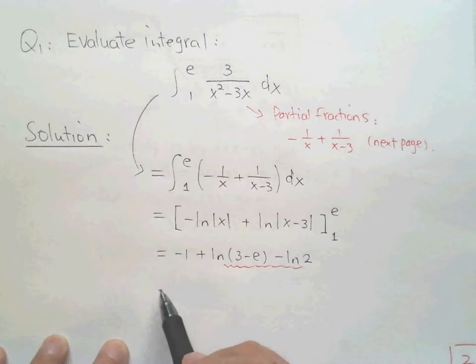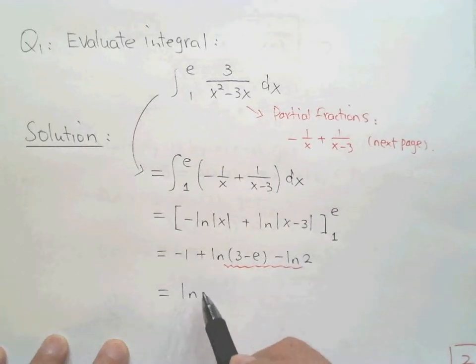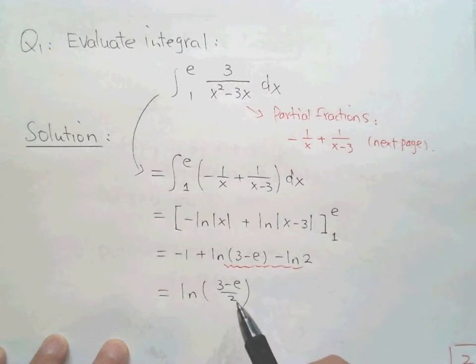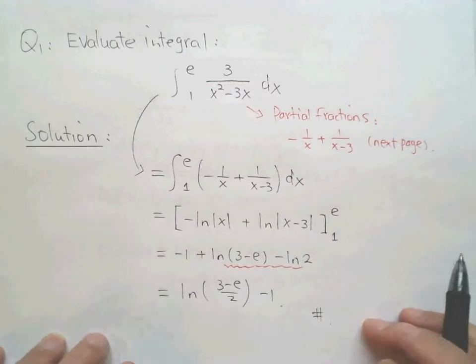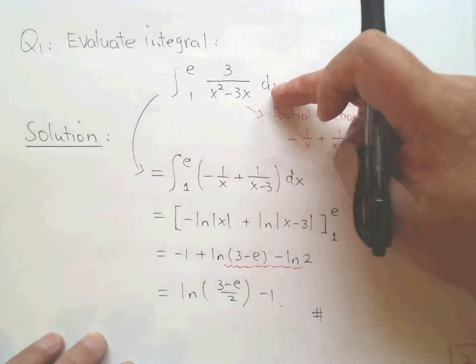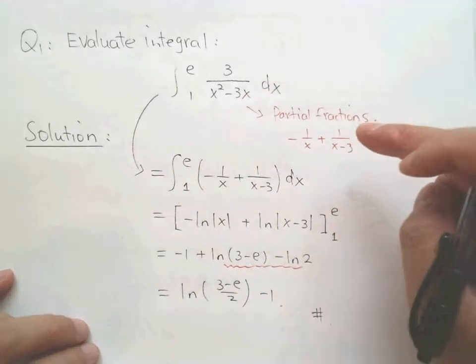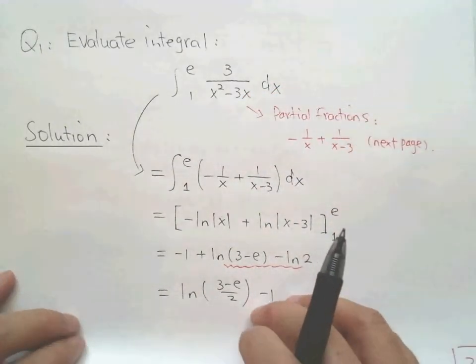After we merge, it is ln of (3 minus e) over 2, and then minus 1. See, it's very easy to get the integral for this rational function, but we definitely need to know how to do partial fractions. This is the most important one.